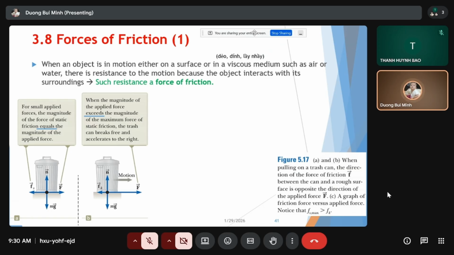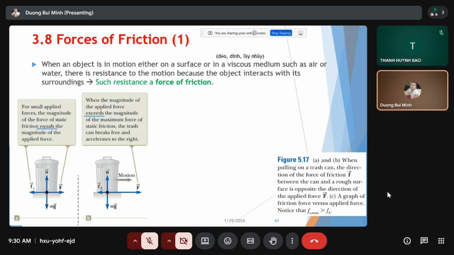You can see here we have two kinds of friction force. Of course, we know this one is the normal force, and this one is the gravitational force.